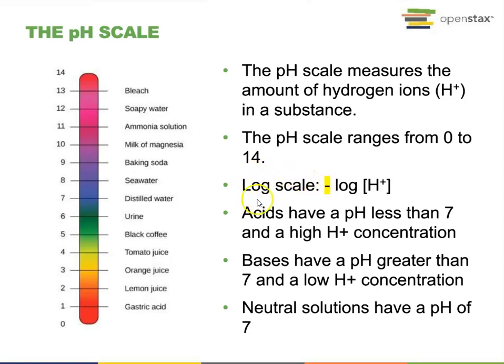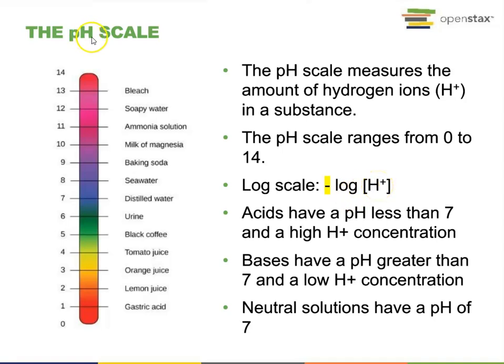We use a log scale, which is called the pH scale, to measure the acidity of a solution. The pH scale is represented by the negative log of hydrogen ion concentration. So if the hydrogen ion concentration is high, the pH number should be low because there is a negative relationship between the pH scale and the hydrogen ion concentration.